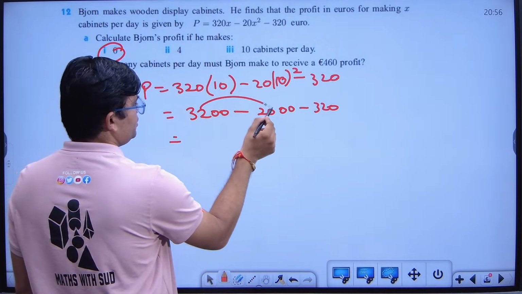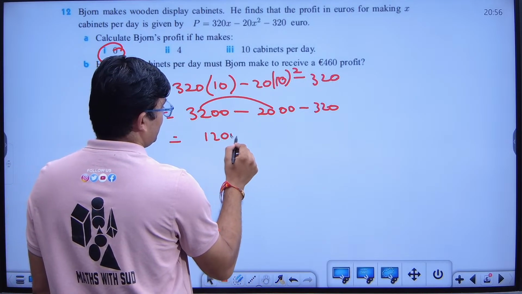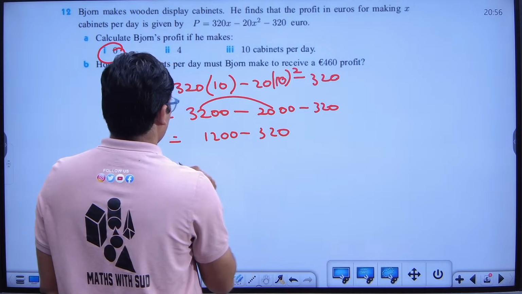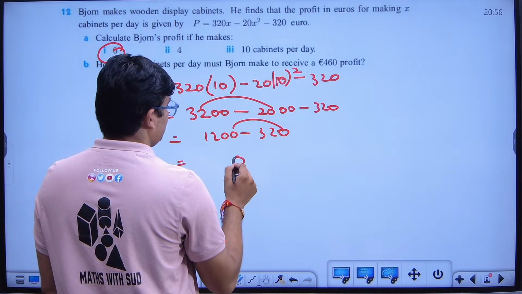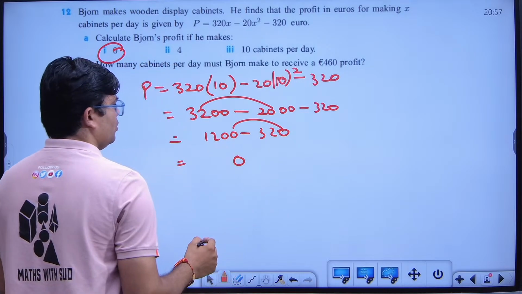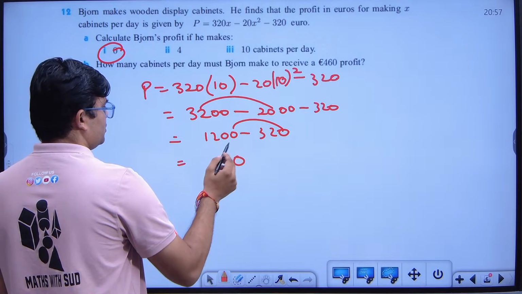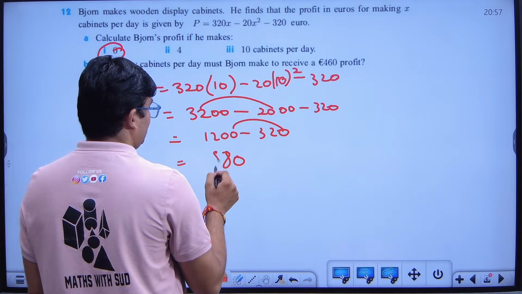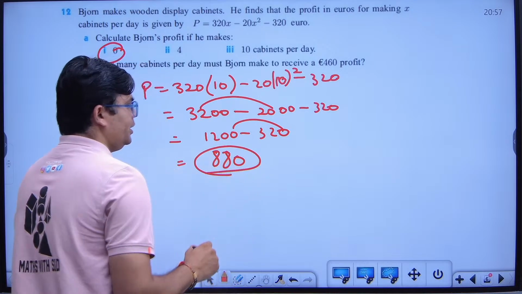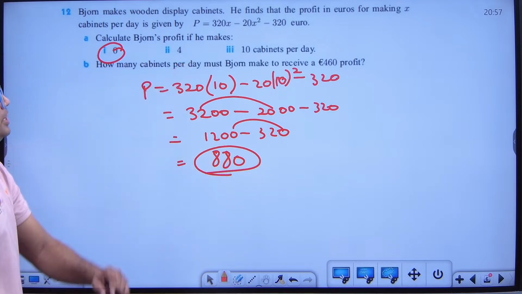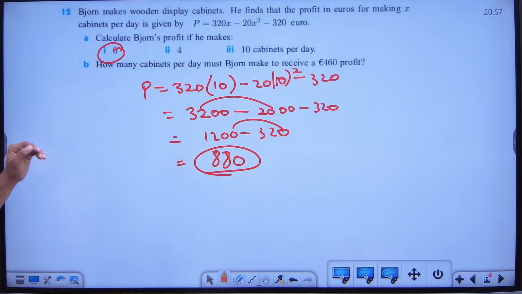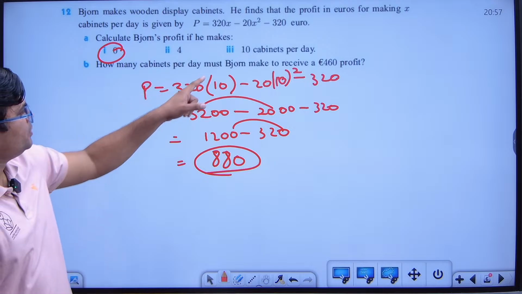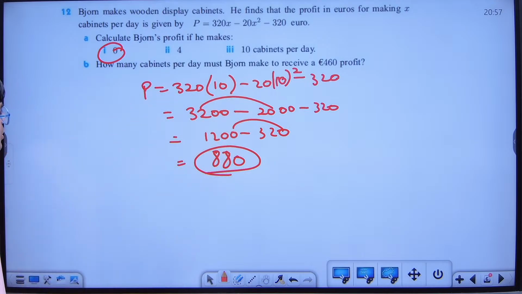So 3200 minus 2000 is going to be 1200 minus 320. So 880 euros. Okay?